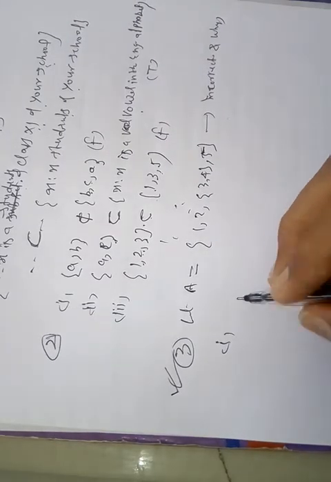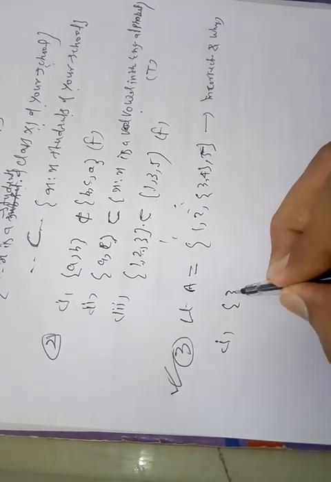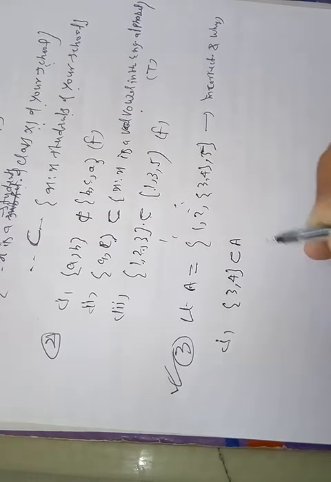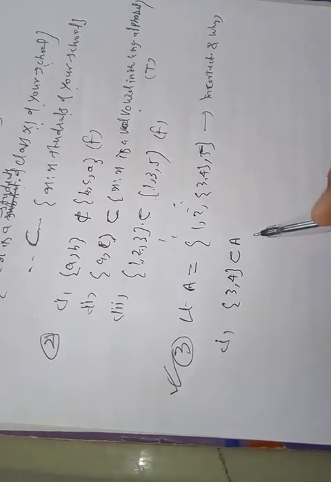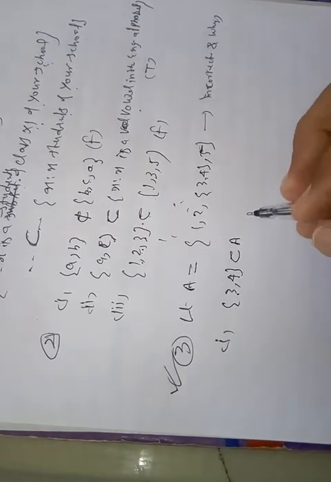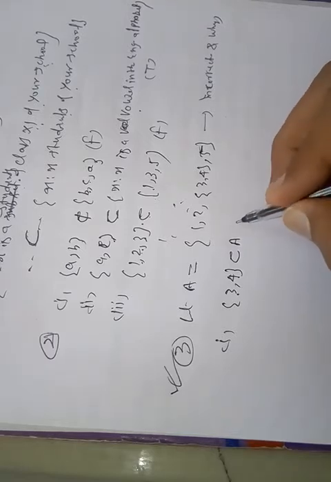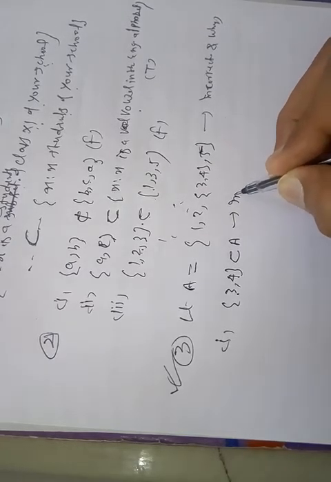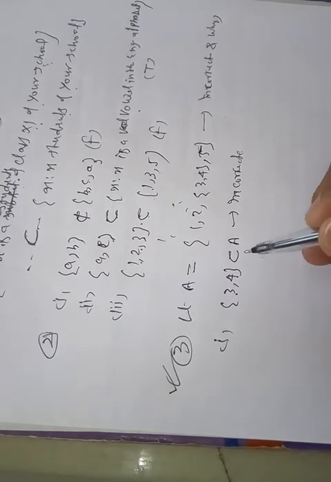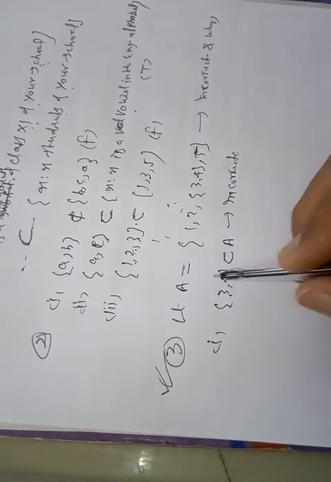First part, {3, 4} is a subset of A. Incorrect or correct? Is it correct or not? Incorrect. Why? {3, 4} is an element in set A.